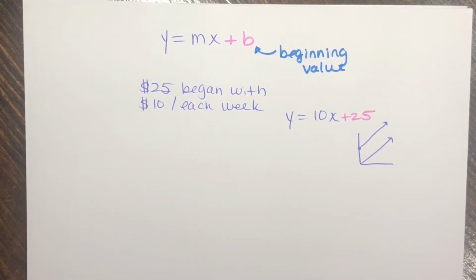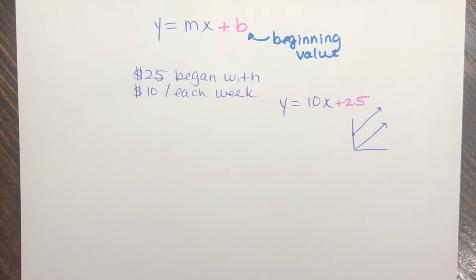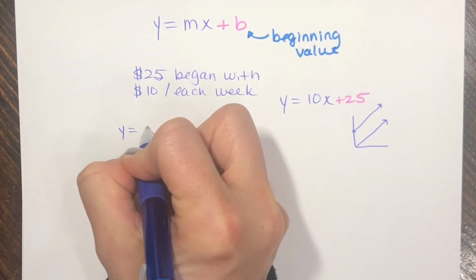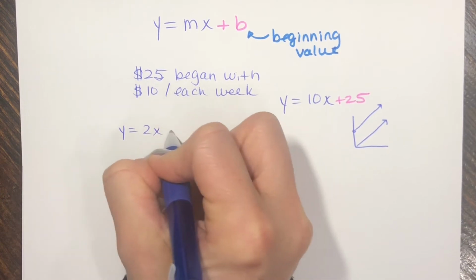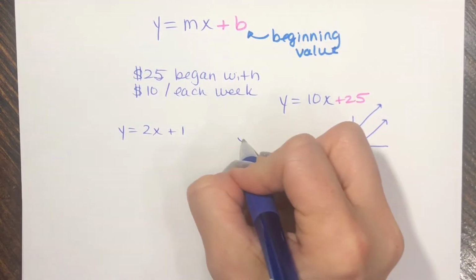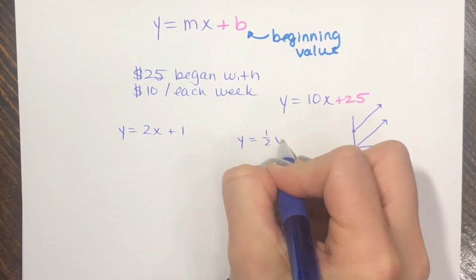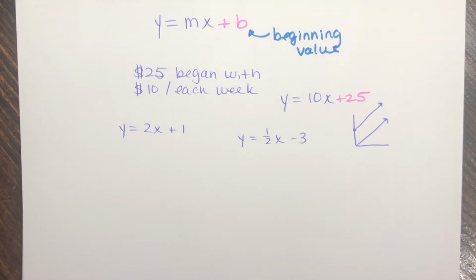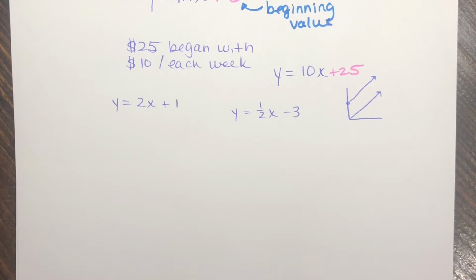Now, we're going to take a break from word problems for a little bit, and we're just going to look at some little itty-bitty equations that look like maybe y equals 2x plus 1, or y equals 1/2 x minus 3. And we're going to remove that real-world aspect today and zoom out a little bit and see what this is going to look like on a graph, okay?